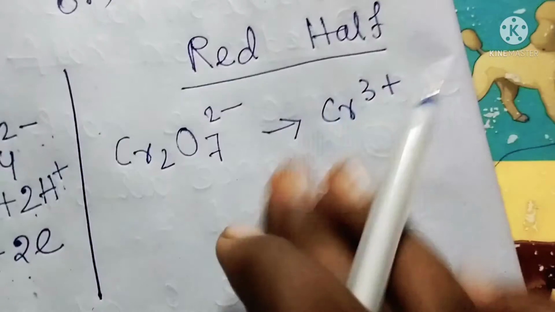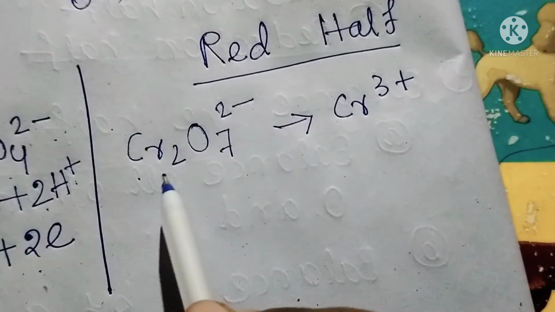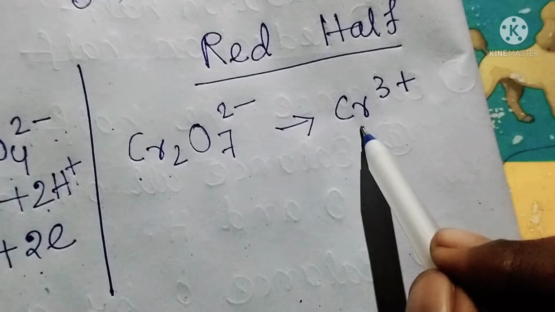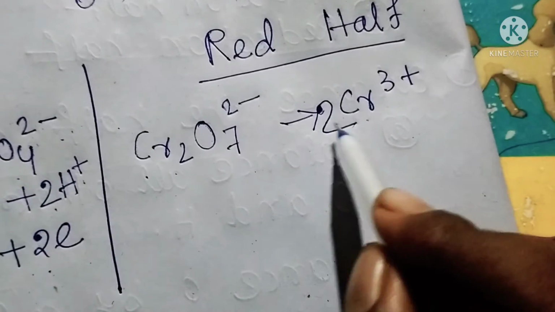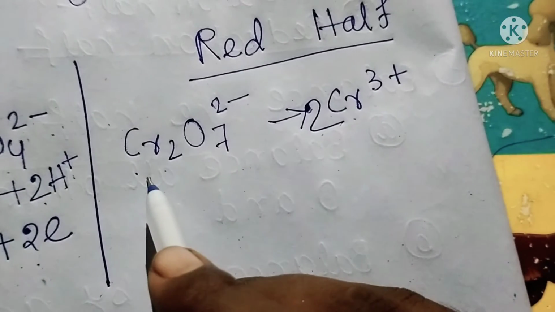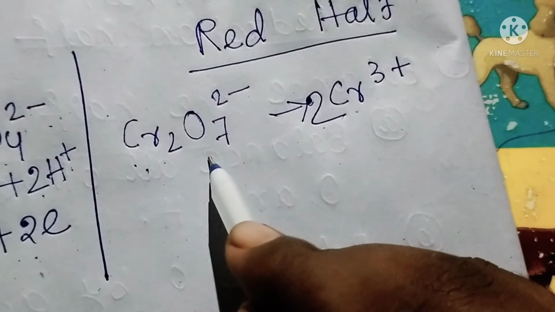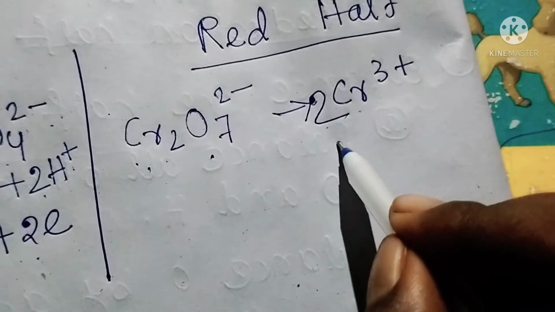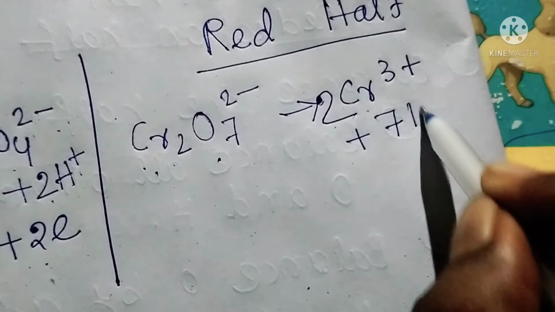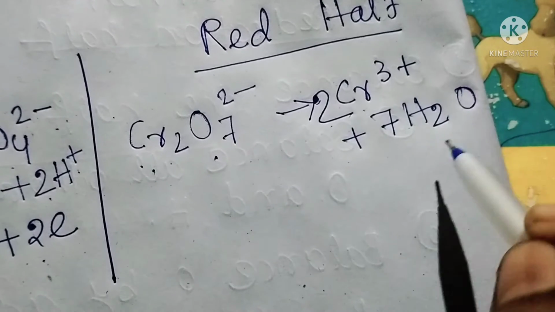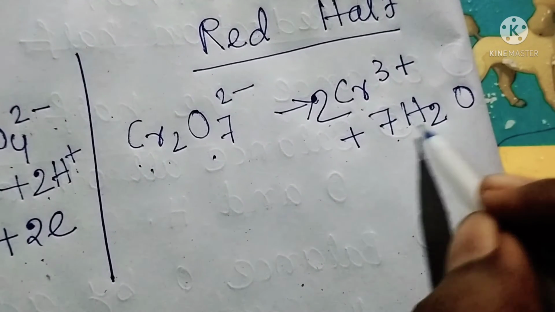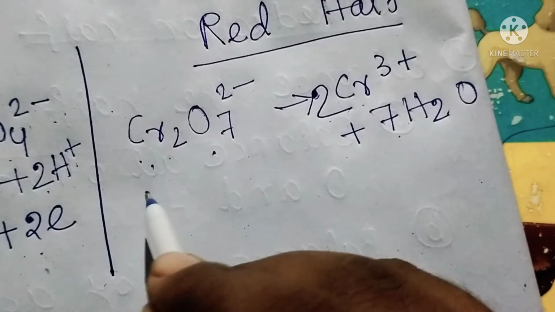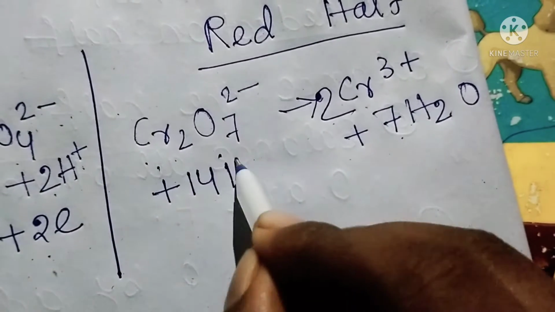Now the reduction half. Here 2 chromiums are present, here 1 chromium is present, so we attach 2. Here 7 oxygens are present, here no oxygen, so we add 7 H2O. Now 7 into 2, 14 hydrogens are present, so we add 14 H+.